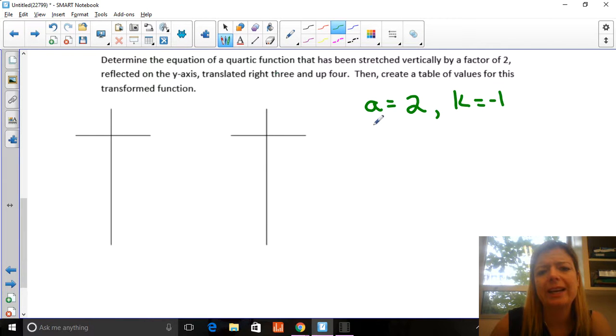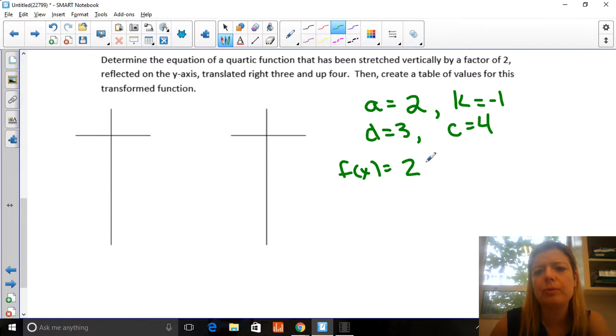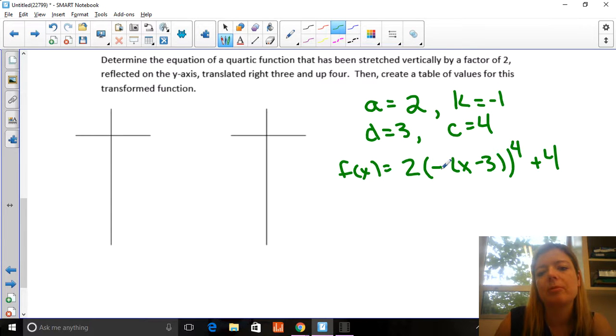Translated right 3, so my d value is 3, and up 4, so my c value is 4. So then my function would be 2 bracket negative bracket x minus 3 bracket bracket to the power 4 plus 4. Okay, I have to show my k value factored out, or else it's not done properly.